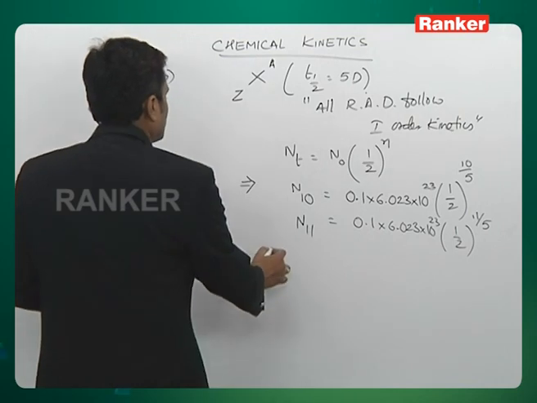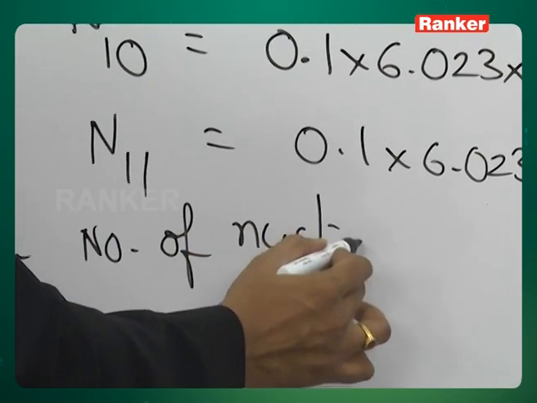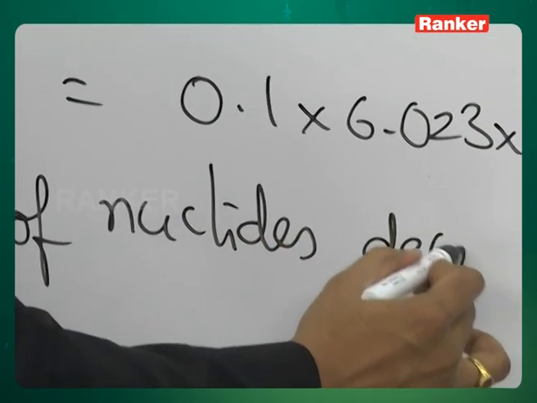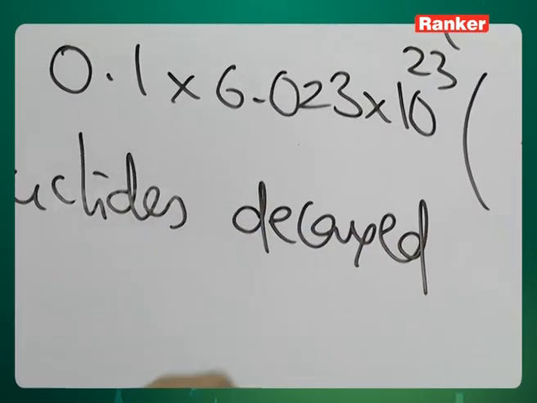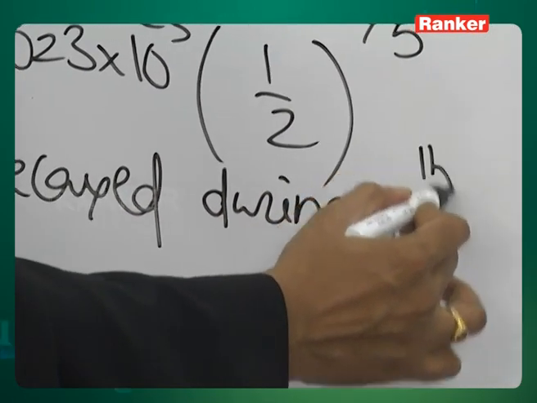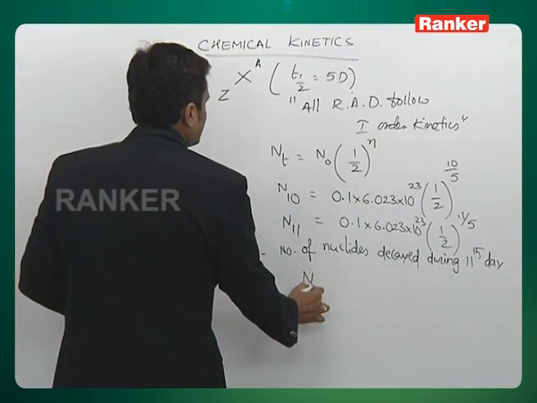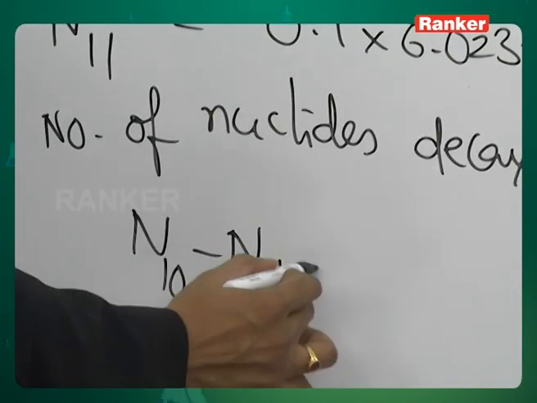So therefore, the number of nuclides decayed during the 11th day is equal to N10 minus N11.